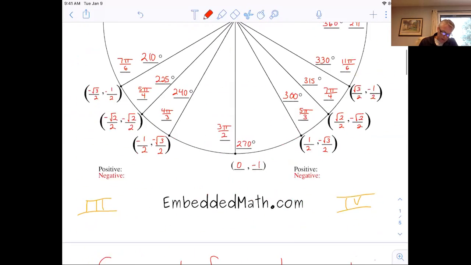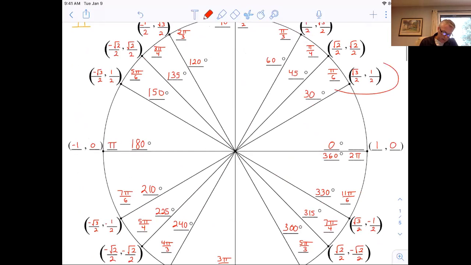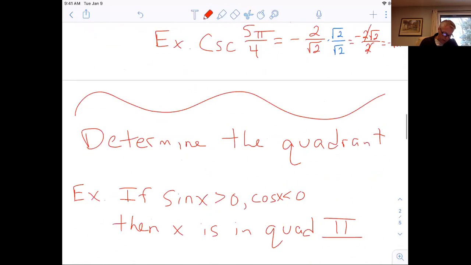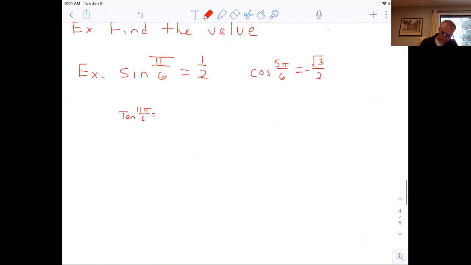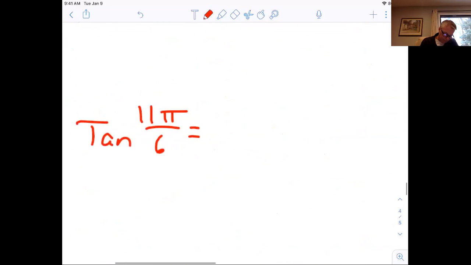So I'm looking at pi over 6. It's the sine, which is 1/2, over the cosine, which is root 3 over 2. But remember, in the fourth quadrant, the 1/2 is going to be negative. So it will be negative 1/2 over root 3 over 2.